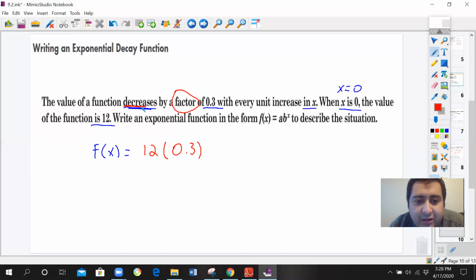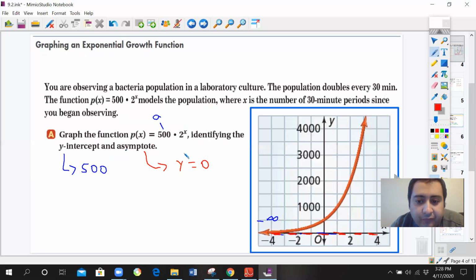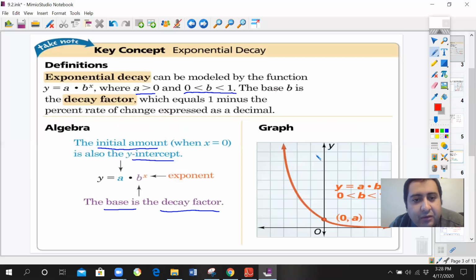It's being decreased because it's a decimal. If you go back to this information, remember I told you whenever you're dealing with a decimal or a fraction that is between 0 and 1, then it's going to be decreasing. It's going to be a decay. So that's what's going on.